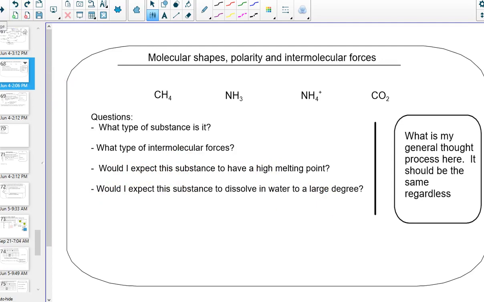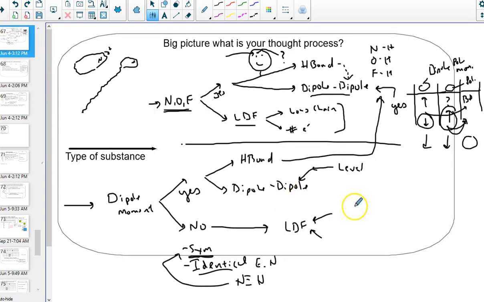Now, this last one here, on this last page, a couple things you should remember is that this guy is polar. So this is going to affect things like dissolving in a polar solvent, like water.